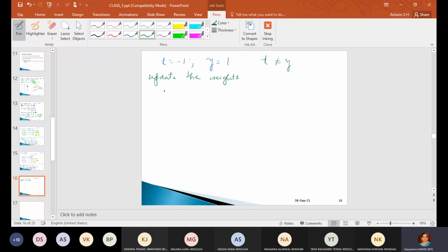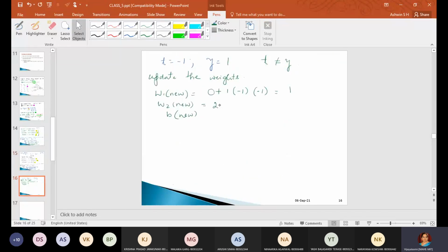So again, W1 new, W2 new, B. These things you can calculate. W1 new is equal to W1 old, which is 0, plus alpha into target into x1. This is 1. W2 new is 2, just check.